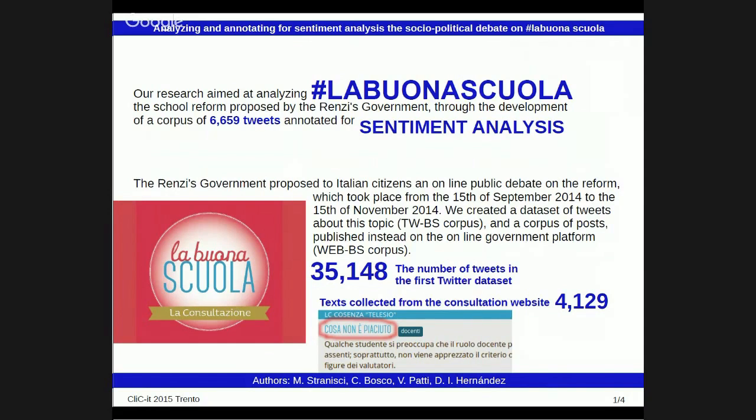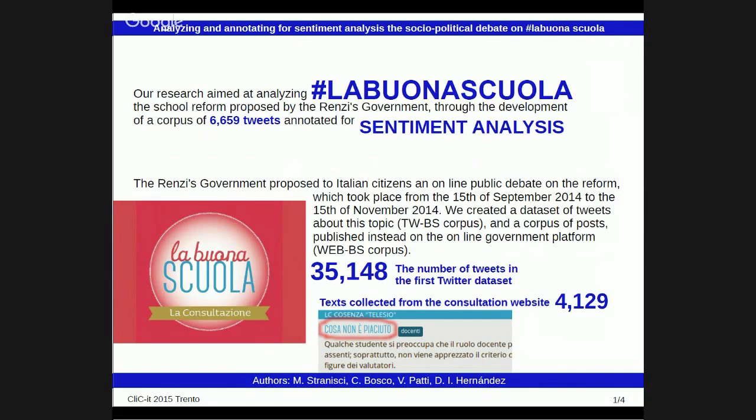We decided to focus on this topic because Renzi's government created a website to hold an online debate aimed at collecting opinions from citizens. And so we had two resources, two datasets.